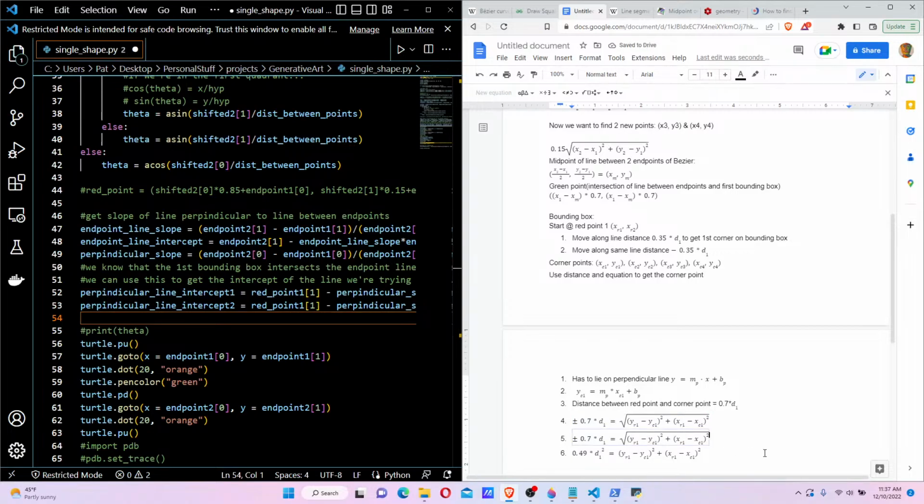Okay, so y sub c1 is M sub p times x sub c1, and then plus b sub p. Okay. And then separate it out.